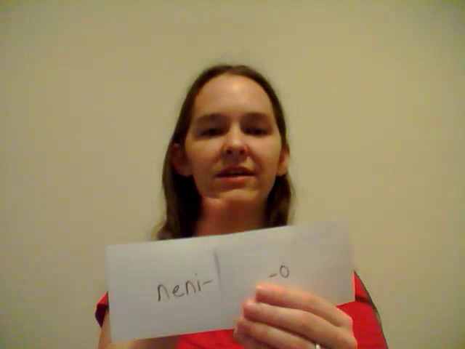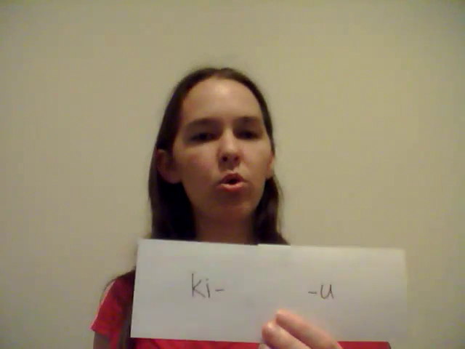Chio is everything. Nenio is no thing, nothing. U is going to be an adjective, like a specific instance of something. So if you're asking which chair or which person, who, that would be kiu.